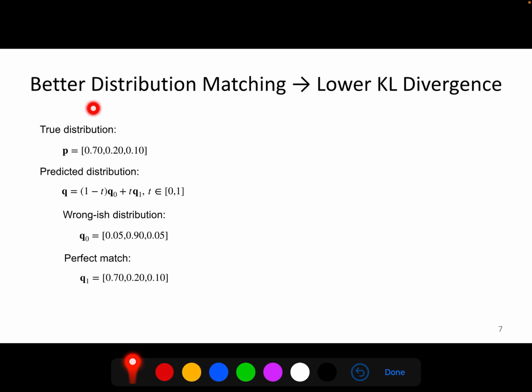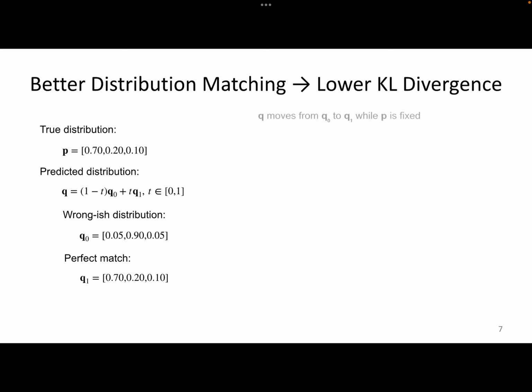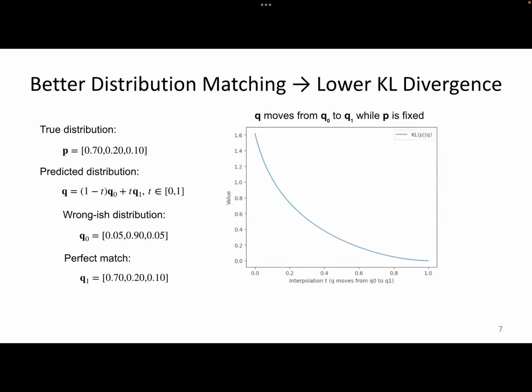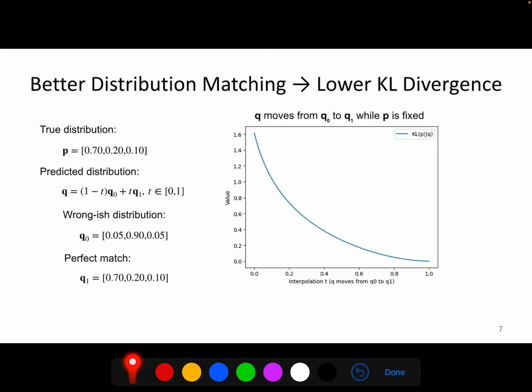This is a true distribution P. This is our predicted distribution Q. Now let's assume P is fixed and Q moves from the wrongish distribution Q0 to the perfect match distribution Q1. This is how the KL divergence changes when Q moves from Q0 to Q1.